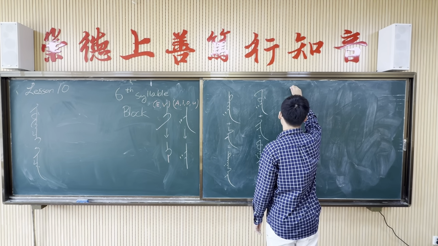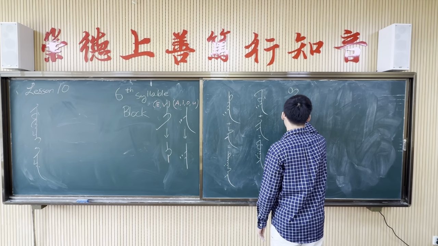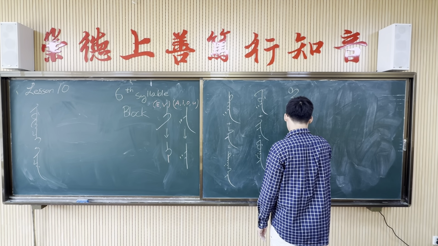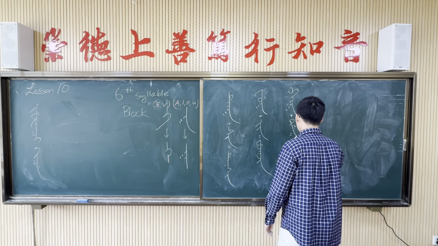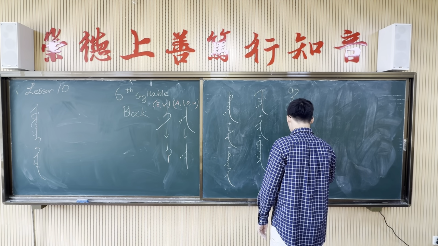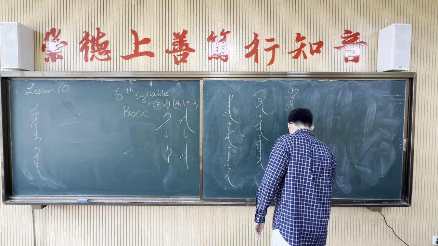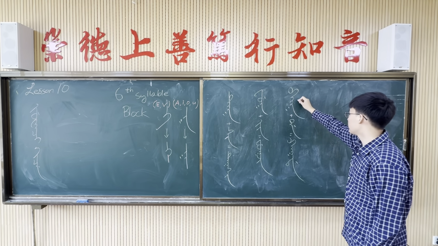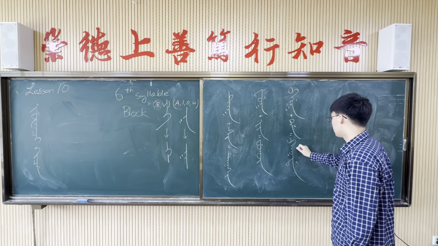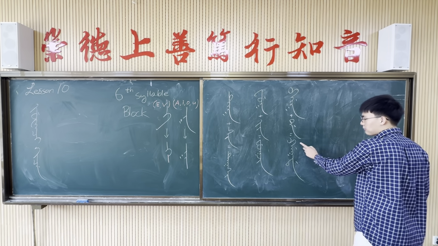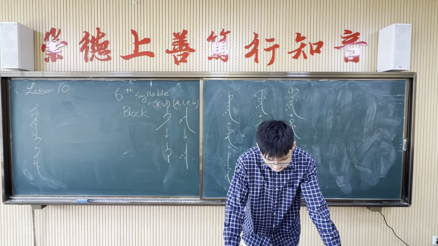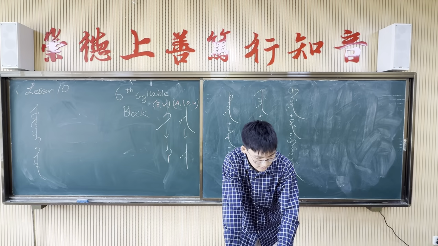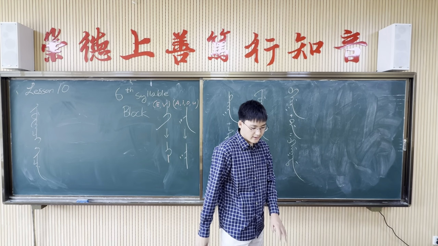So gak plus da equals to gakda. Oh, forgot the dot here. Gakda means single or sole. So S-O-L-E, sole or single.